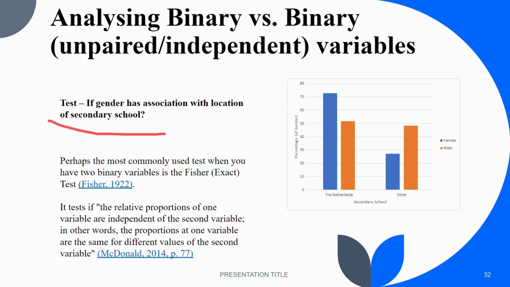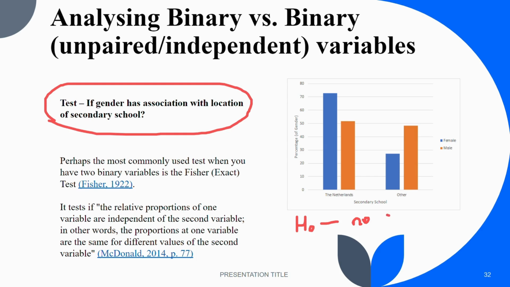Finally, the test checks whether there is an association or influence of gender on the location of secondary school. Here the null hypothesis will be no influence or no association. And the alternate hypothesis will be that there is an association.